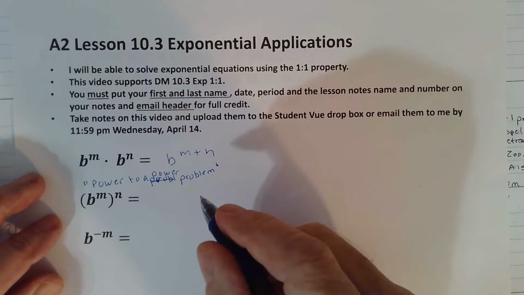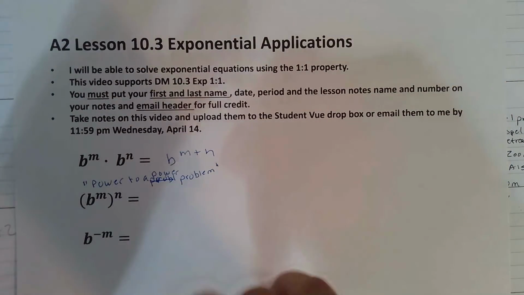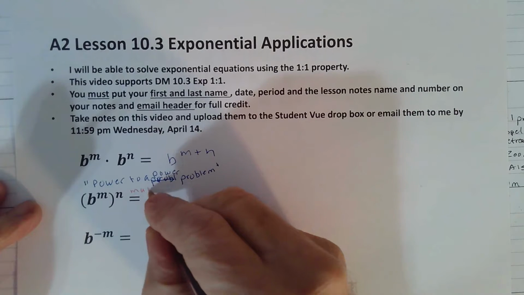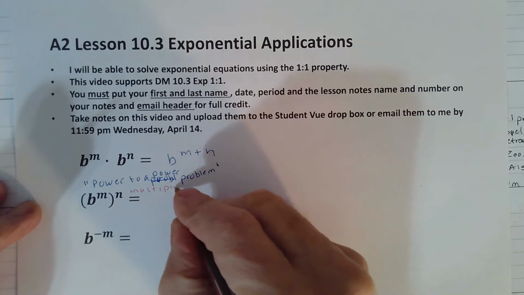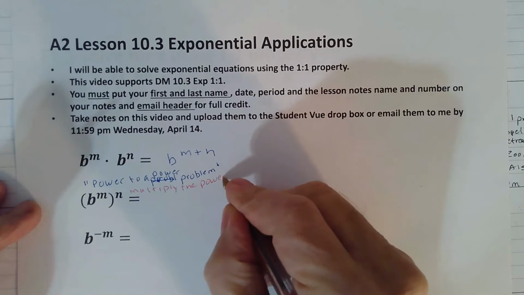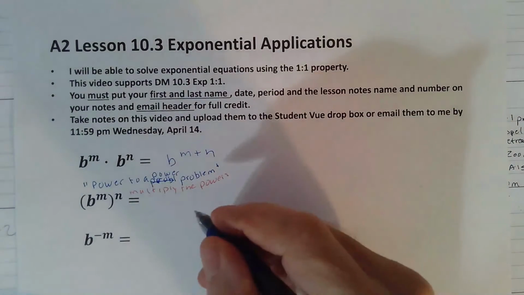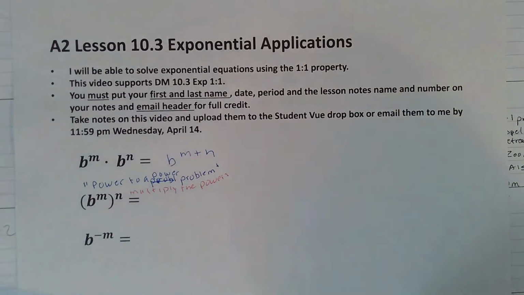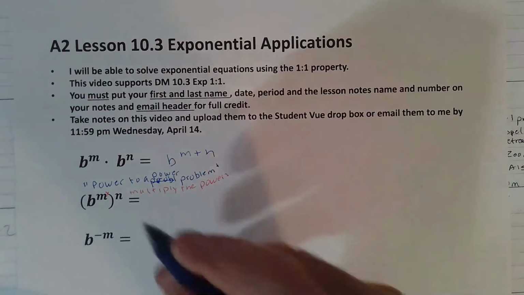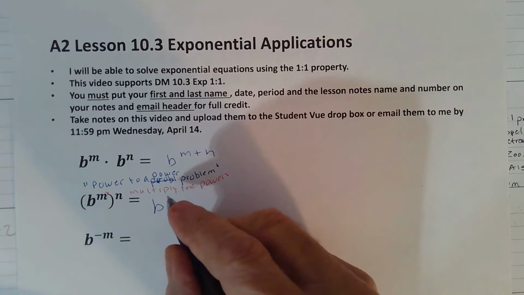And what you're going to do is multiply the powers. So what happens is multiplication over here of m times n. And so this is going to equal b to the mn.